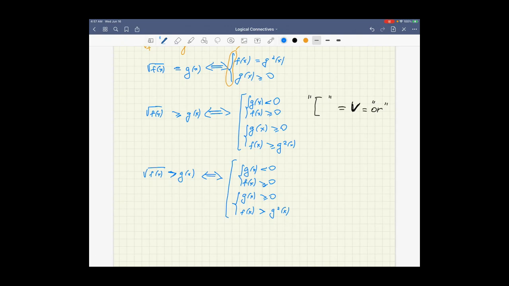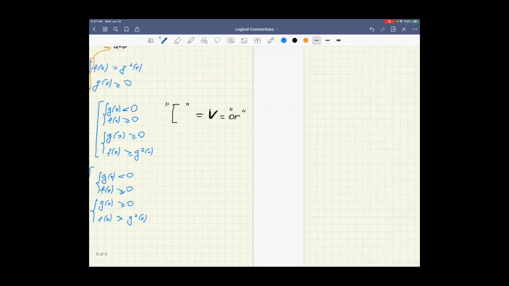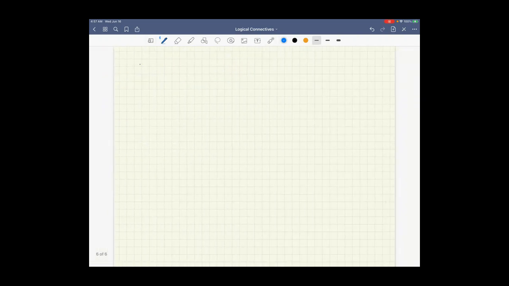Alright, and a similar reasoning applies when the inequality is less or less or equal. Say when you have root f less than g, again you must be careful.